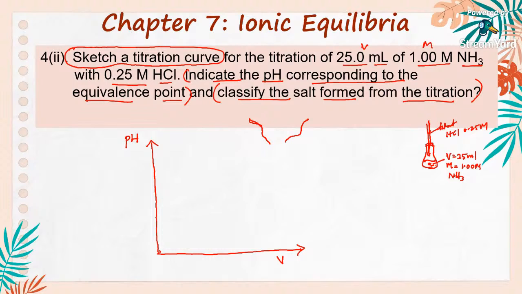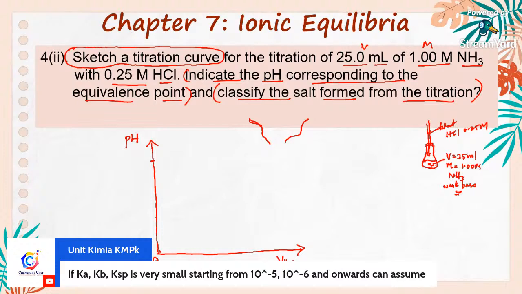Here, before the addition of HCl, you have ammonia, the weak base, in the conical flask. So when the volume of HCl is 0, this is a base, meaning that you are going to start your titration curve from the top.